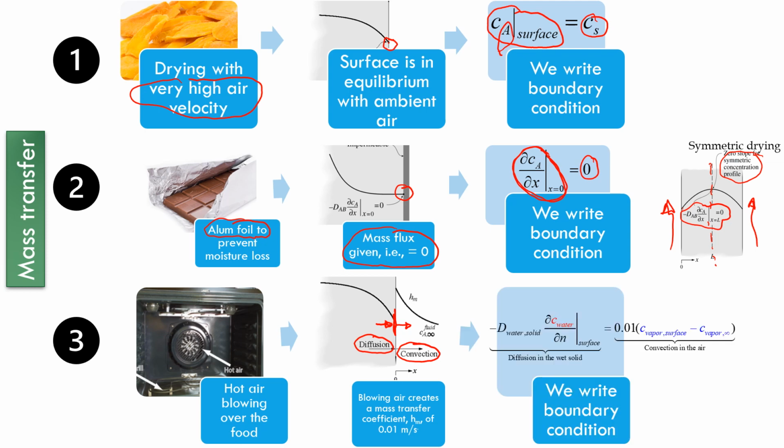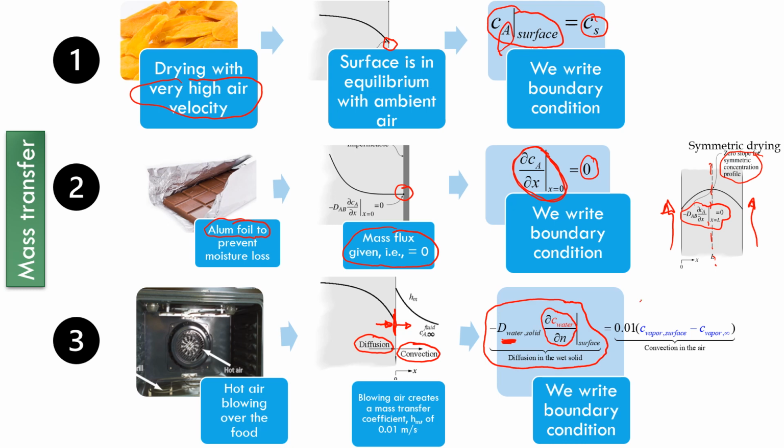So we say diffusion from inside, diffusivity of water in the solid times the concentration gradient. So this is my Fick's law, inside the surface, so in the solid, and that is what's coming to the surface.